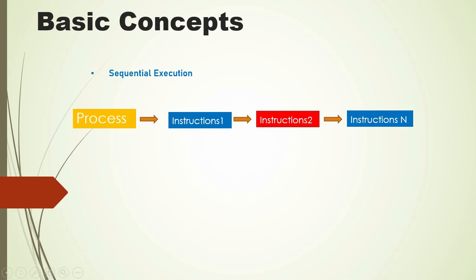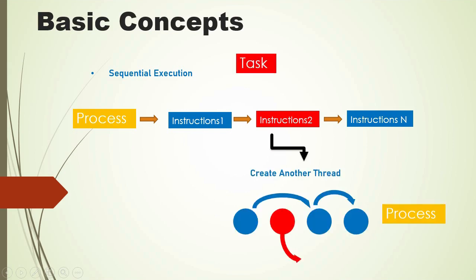So for that we would create a second thread for instruction 2. Like this, if we create another thread here, this one would execute one by one, and the other one would go alone and process, and at the last it would come directly to this. When it finishes, it would get back to the main thread.